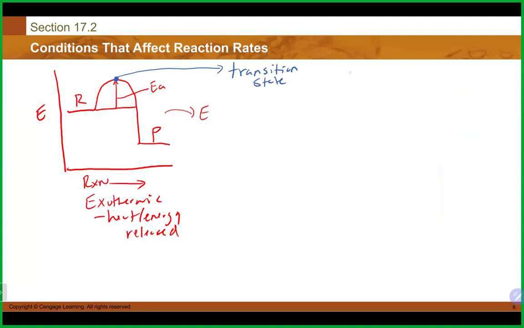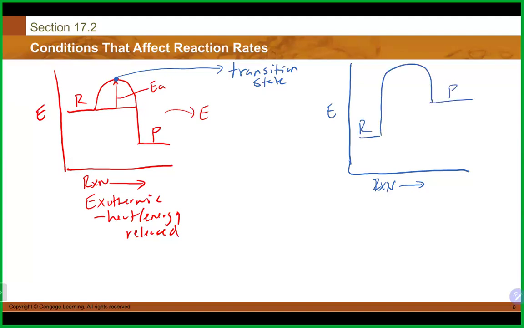We also had an endothermic diagram that we saw here, energy on the axis and our reaction proceeding in this direction. And this one will look something like this. This is our reactants, this is our products. In this particular case, that is our activation energy.